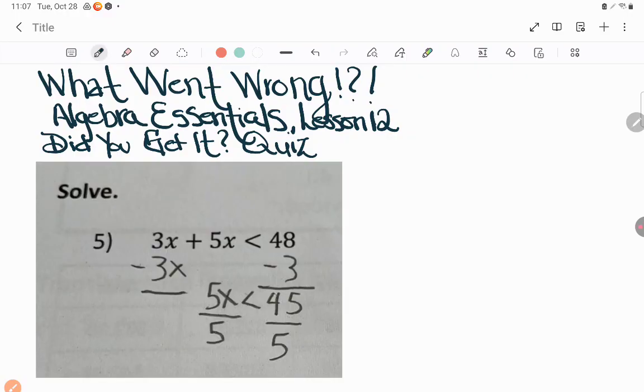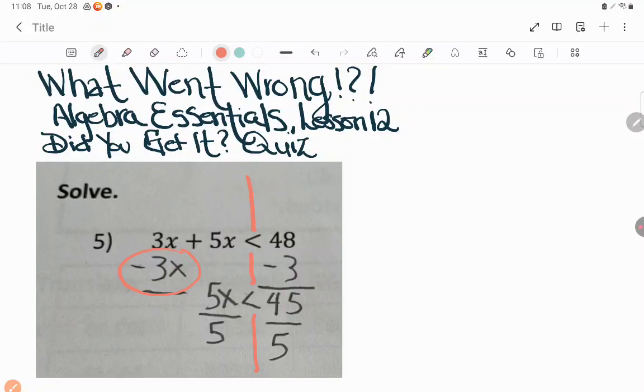Number 5 says 3x plus 5x is less than 48. And the first thing I notice is that this student did not do the same thing on both sides. I imagine that she thinks she did. However, take a look on the left-hand side of this inequality.